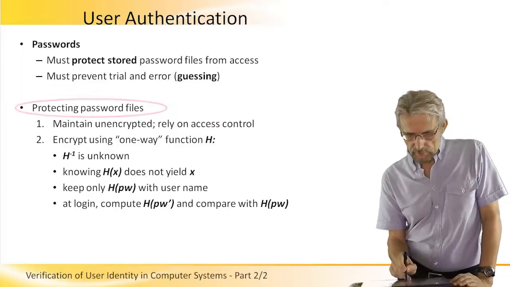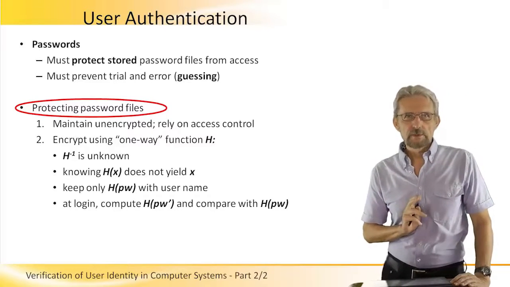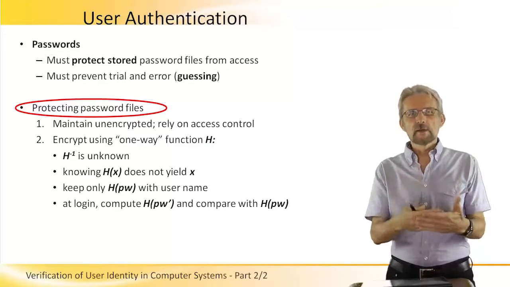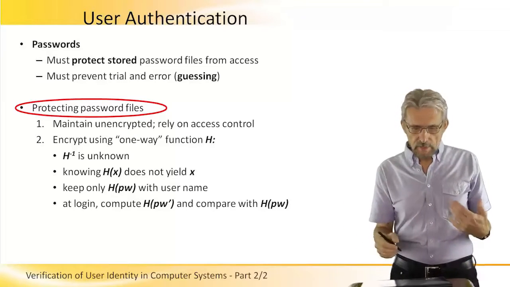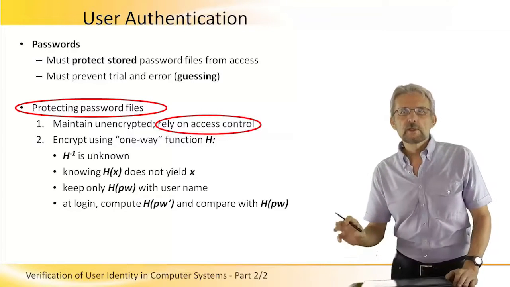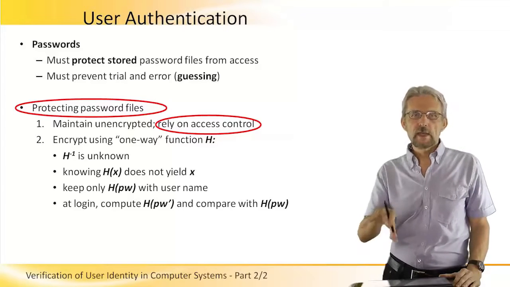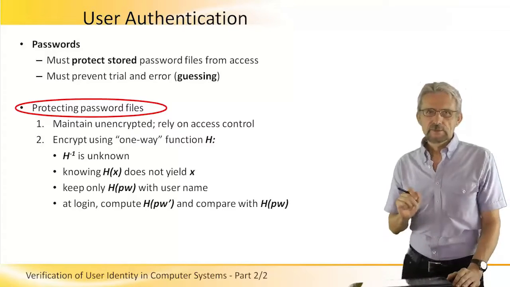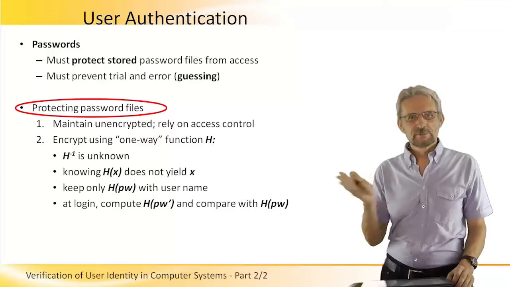To protect password files, you have two approaches, or two ways of doing it essentially. You can rely on the system, so you just have a file with all the passwords and all the usernames, and it's kept in the system someplace, unencrypted, and you rely on access control. So essentially only very few privileged users will be able to get access to these passwords. Now that has a problem, because first of all, super users are not supermen, superwomen.